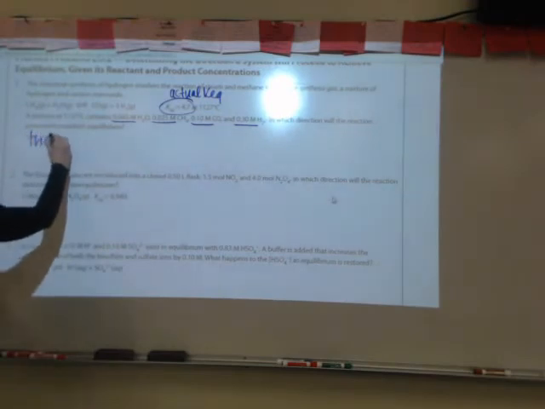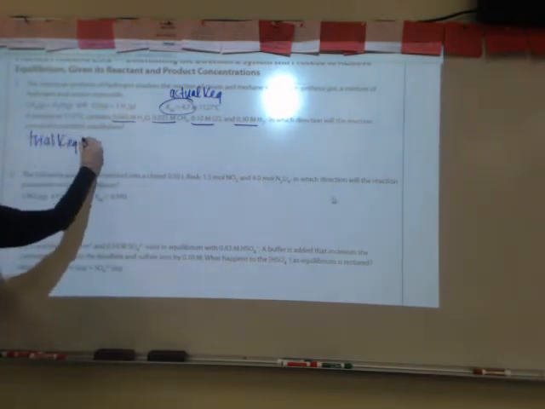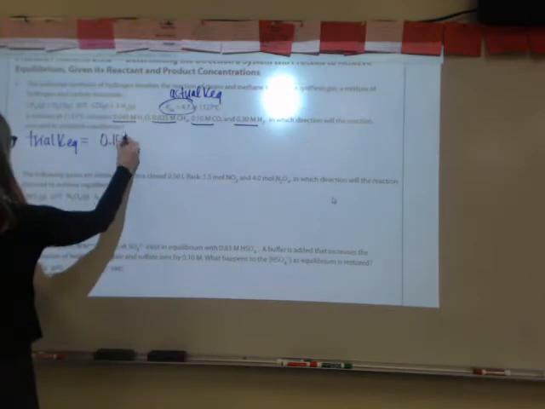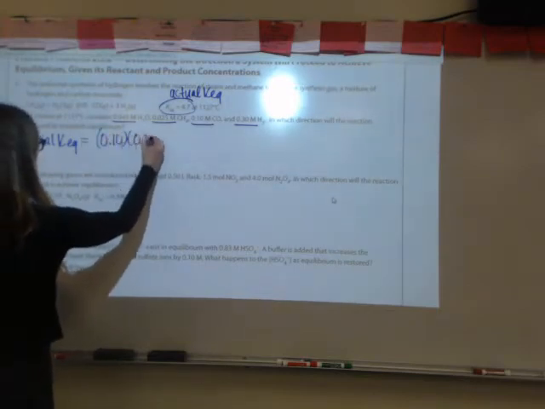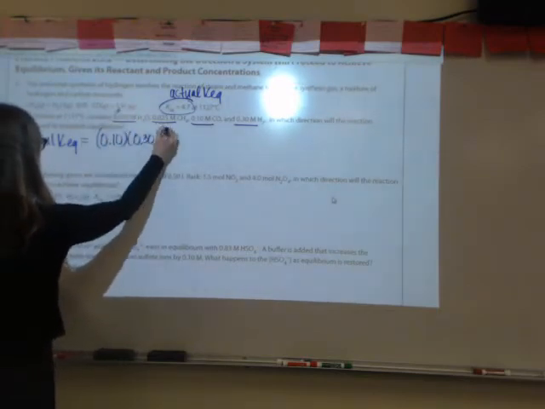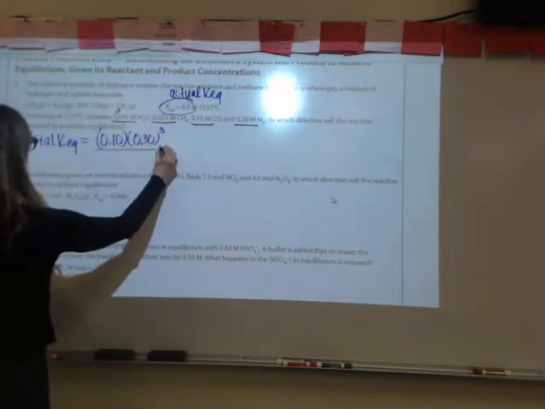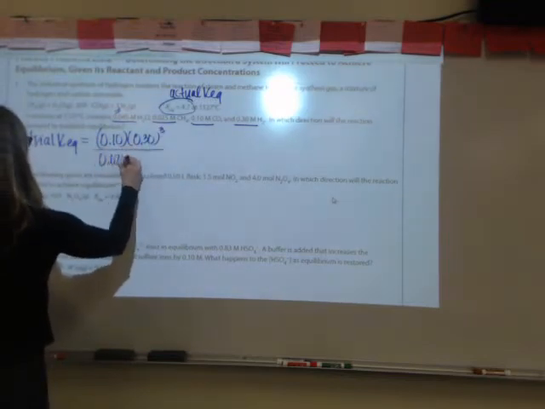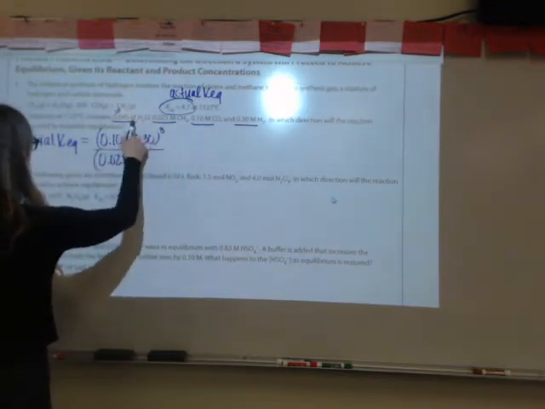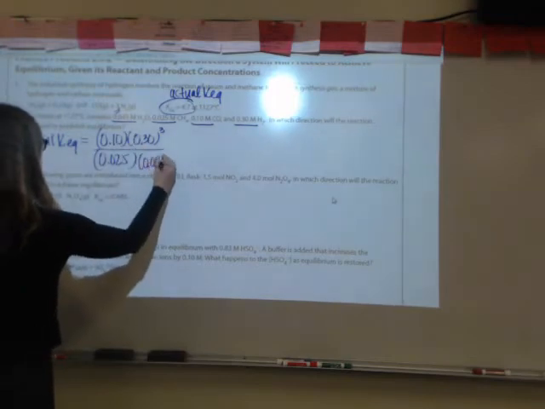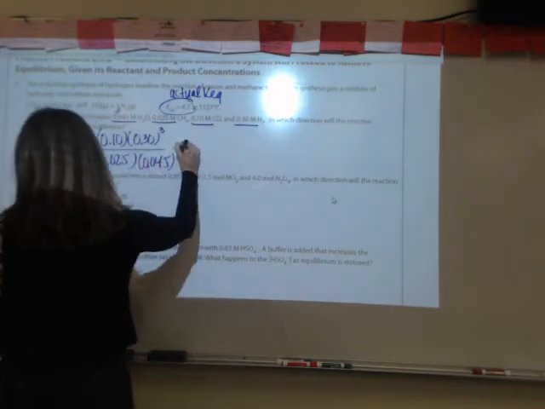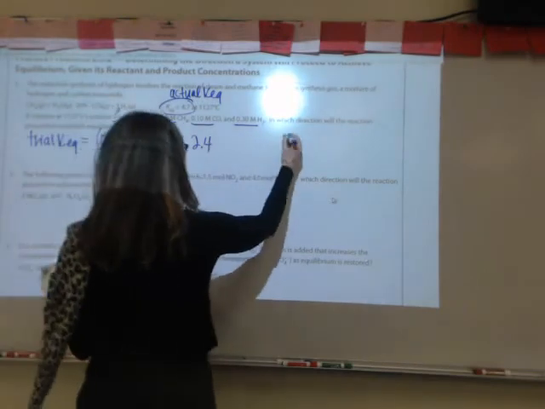So your trial KEQ is equal to carbon monoxide, which is 0.10, times H2, which is 0.30, raised to the third power, all over CH4, which is 0.025, times H2O gas, which is 0.045. You're going to end up getting 2.4.